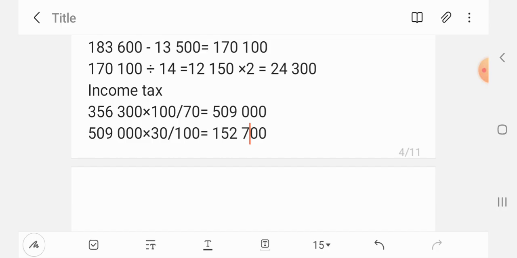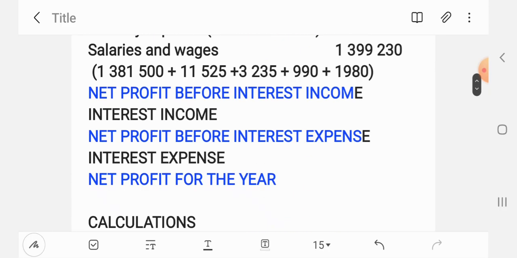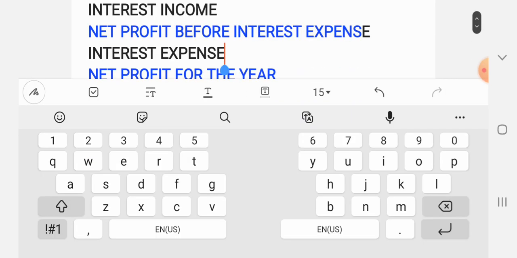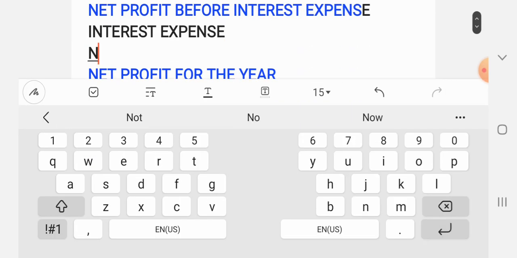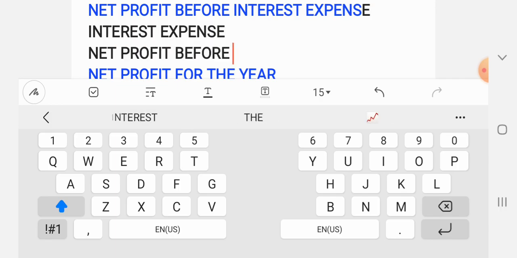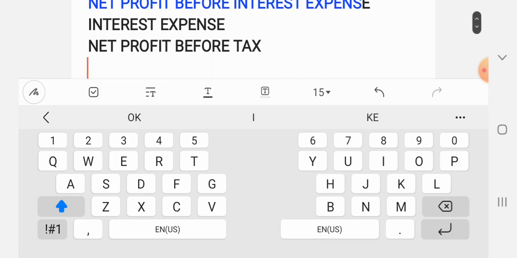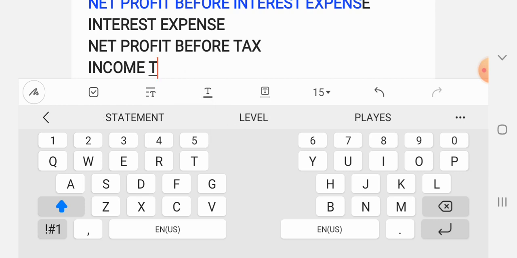So we are going to go to the income statement, interest expense, and then we'll have net. After interest expense, you're going to have net profit before tax, and after the net profit before tax, you will have income tax.